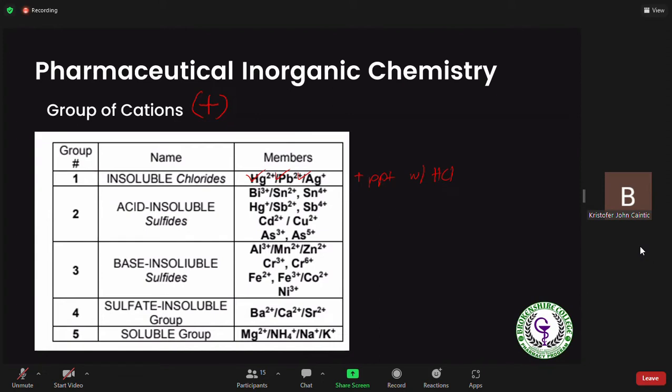Take note, it will not react with hydrochloric acid, but it will form a precipitate with your hydrogen sulfide. That's why they are acid insoluble sulfides.